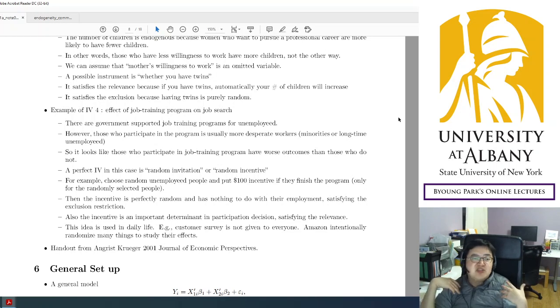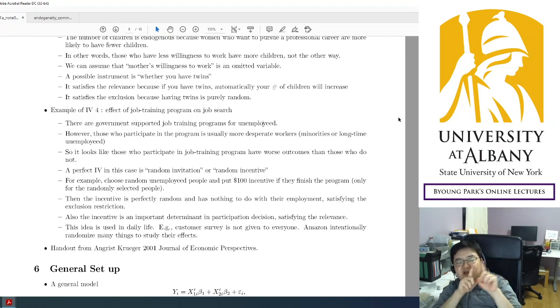I have an econ PhD degree. I majored in data analysis, which is a popular major these days. So I believe I don't need a job training program. So in the end, the participants would be those who have no skills, like low-skilled people, or who are more desperate, who expect lower income, so they want to get something out of it.